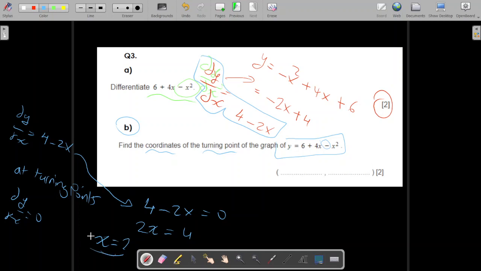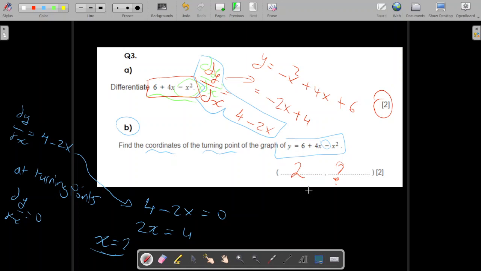Now what do I do with x equal to 2? This is the easy part. You're saying that the x coordinate of the stationary point is equal to 2. How can you know the y part of this coordinate? By again looking at your equation here. The equation is equal to 6 plus 4x minus x squared. You substitute the x value.